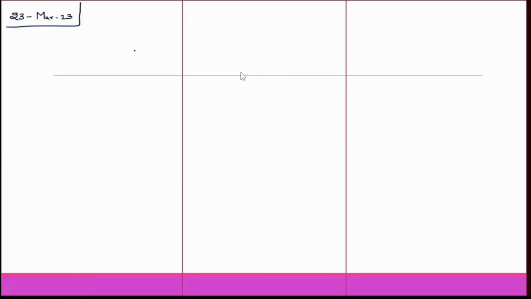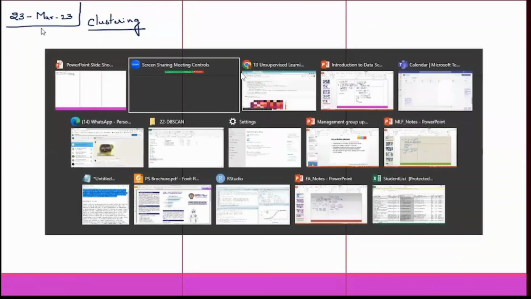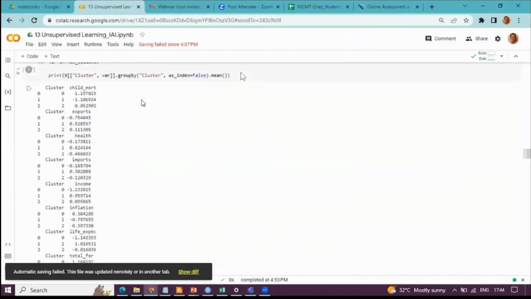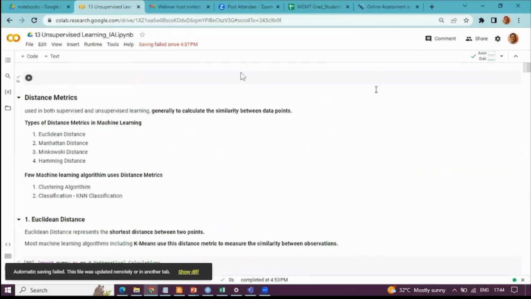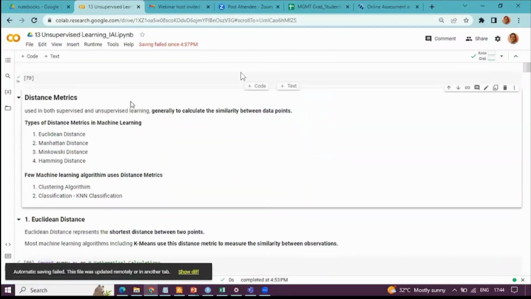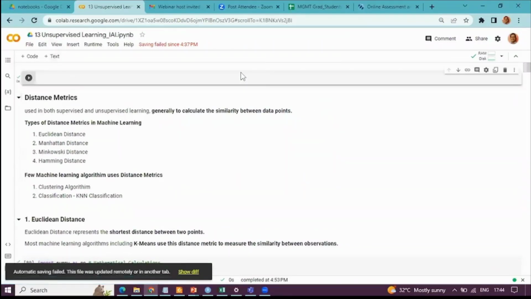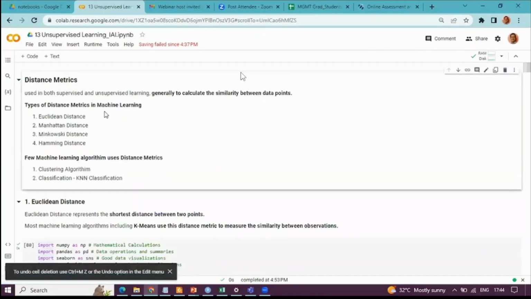Okay, so we are continuing the clustering. This is an unsupervised learning algorithm, which we have already discussed. I'll quickly revise some of the things we have done. We said initially that clustering uses the concept of distance metrics.